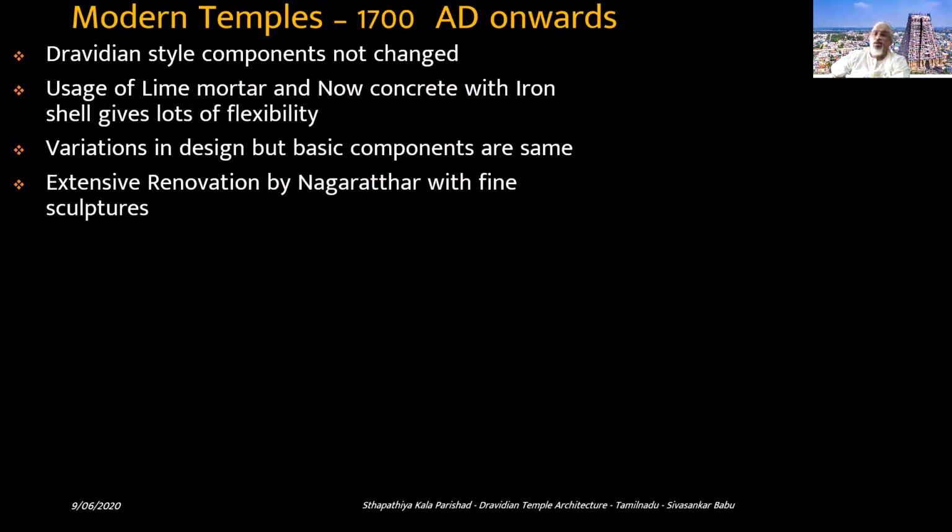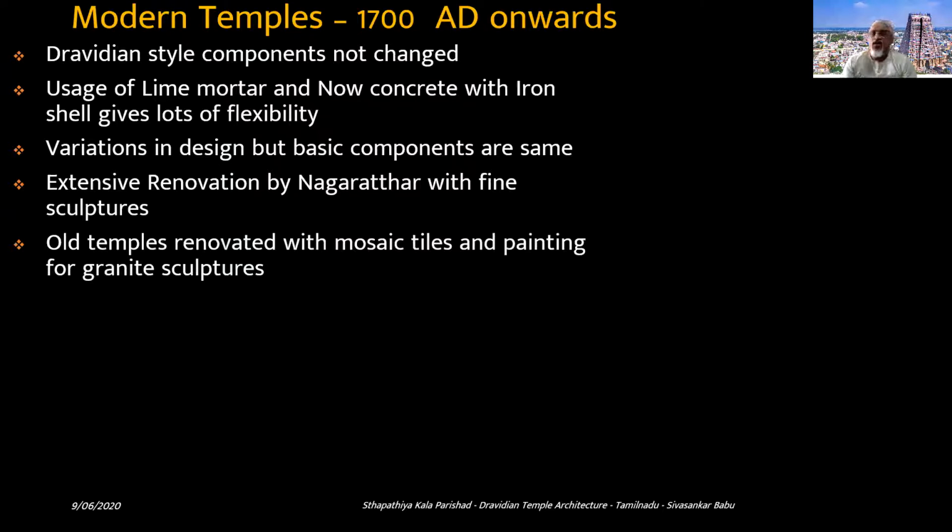Another interesting thing is, during the Nattukottai Chettiar Nagarathars, there was excellent renovation in the 1800s and 1900s with very fine sculptures. But it has also created a lot of confusion. The interesting ones are sculptures of guys on a cycle, Swatantra Devi, and all the latest 1900s related motifs in many of the outer mandapas.